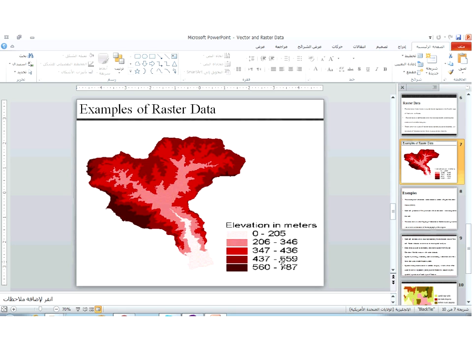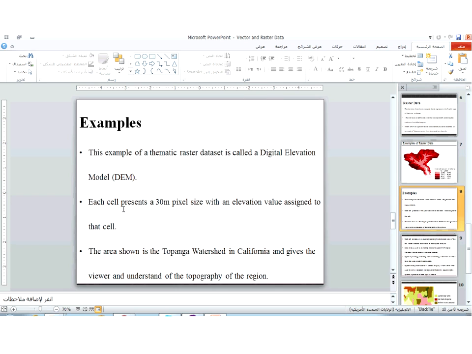The fifth elevation starts from 437 up to 559, and the last elevation starts from 560 up to 777. These examples of raster data are called a digital elevation model. DEM is an abbreviation of digital elevation model, used to find the elevations in the raster map.